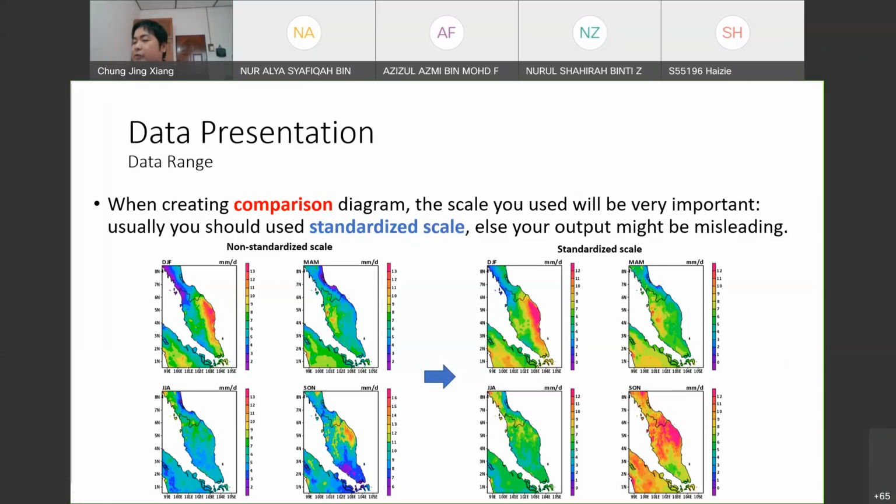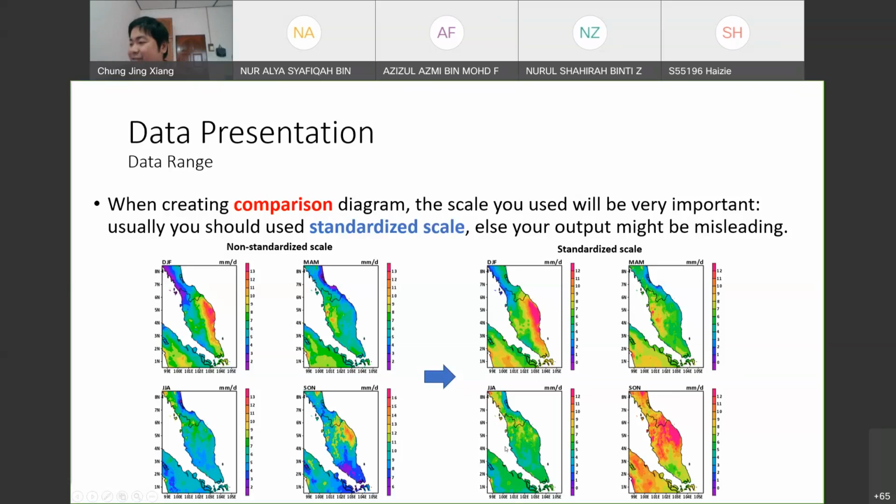But if you look at this right panel, the diagram where we use a standardized scale, now we use 0 to 12 for everyone. So can you now tell which one actually has the highest rainfall? Where is actually our rainy season? Obviously you look at it, you know it's actually September, October, November.